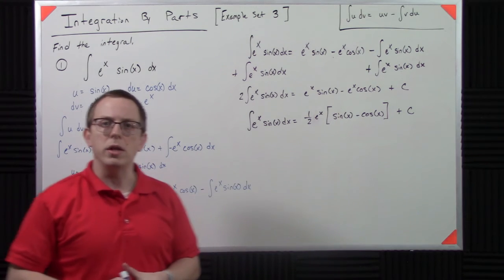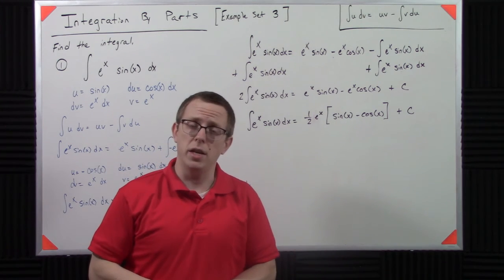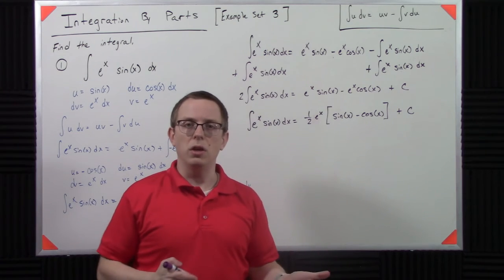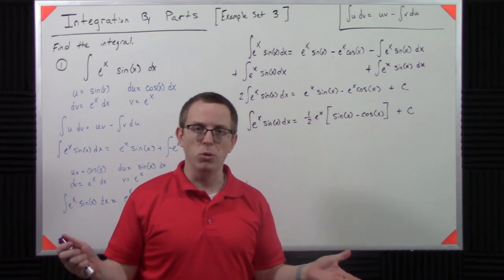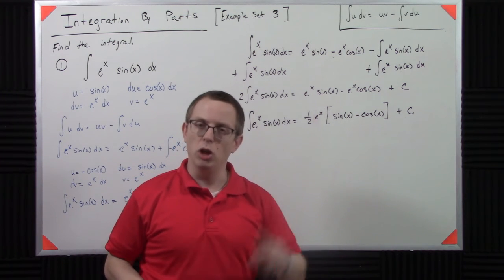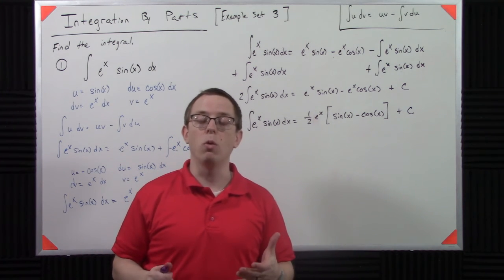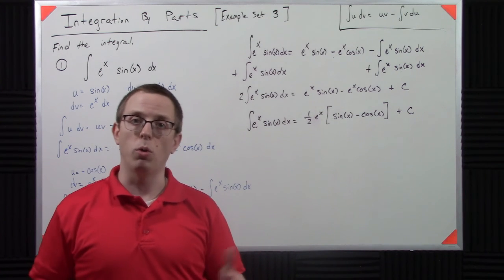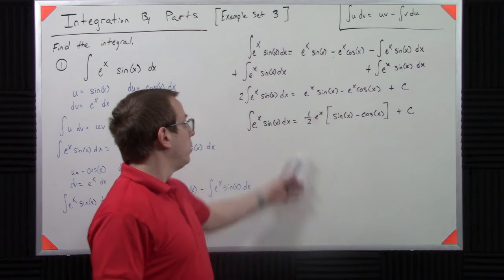And you might say, well, I don't have a c divided by 2. You could write c divided by 2, but generally speaking, since it's arbitrary, something arbitrary divided by 2 is also arbitrary, so it doesn't matter. It's just some sort of dangling junk term that we might have to solve for if we were doing an initial value problem or a differential equation or something like that. So this is how you do that.